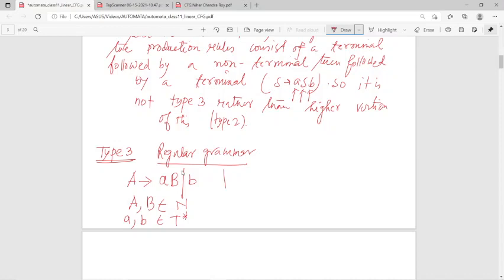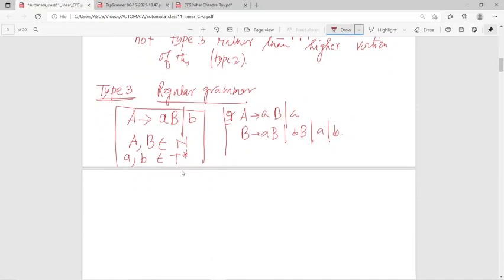Like that, an example of a grammar is A to aB or a, or from B we are generating aB or bB or a or b, like that. So this is an example of regular grammar.